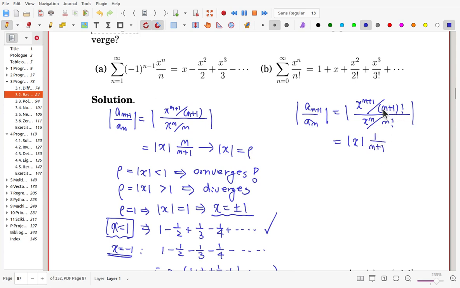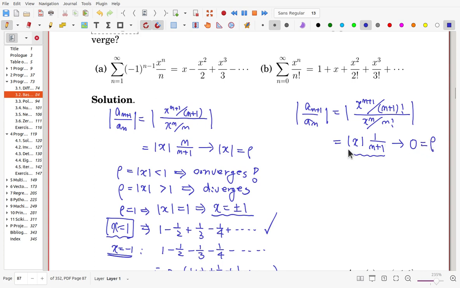This is a multiplication up to n plus 1. This is a multiplication up to n. So we have an extra n plus 1, and we reach that one. Now, as n increases, this will approach 0, which means that the limit rho is 0.